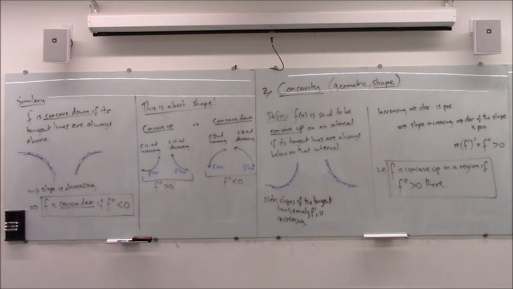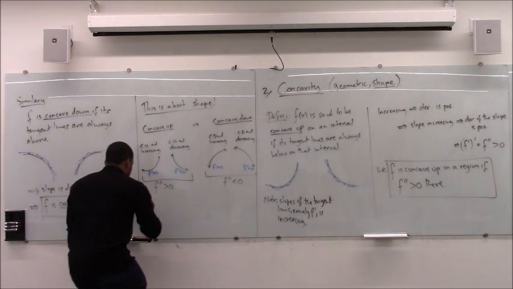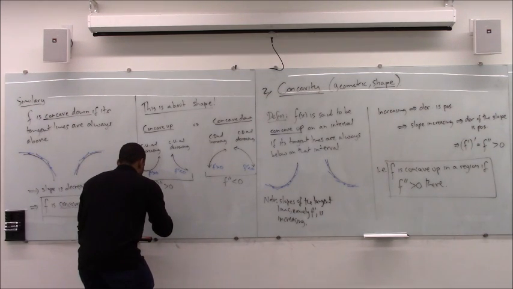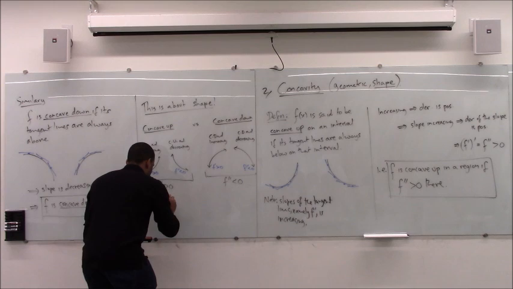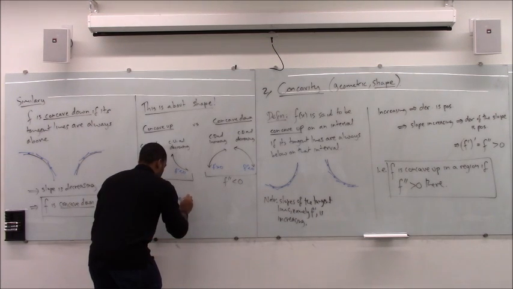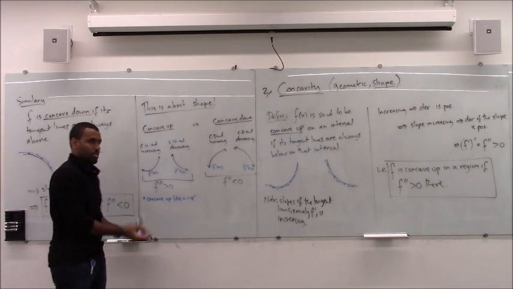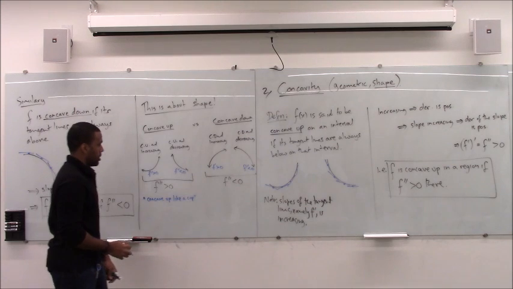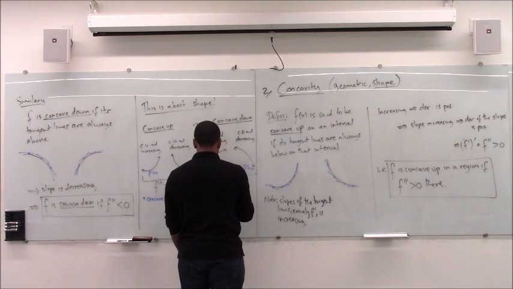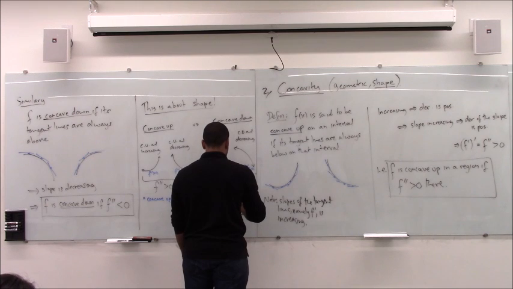Another way you can remember concave up is concave up like a cup. And you can think of something as being concave down like a frown.